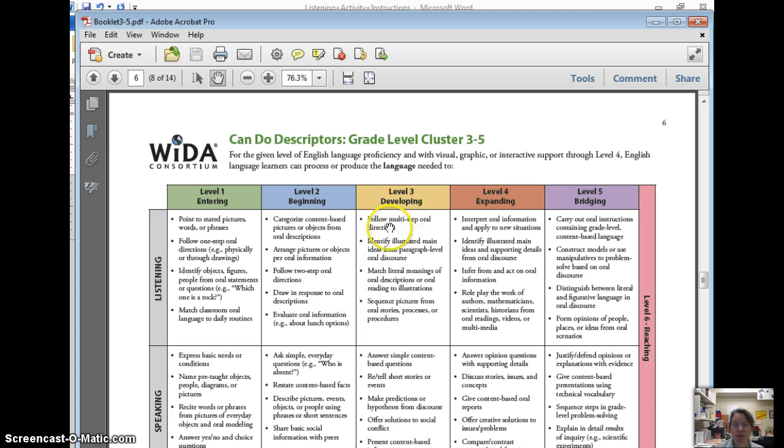Level 3 students can follow multi-step oral directions, identify illustrated main ideas, match literal meanings of oral descriptions, and sequence pictures. Notice that we're building from matching to following and arranging and sequencing. And again, English language learners can process or produce the language needed to do at these different levels.